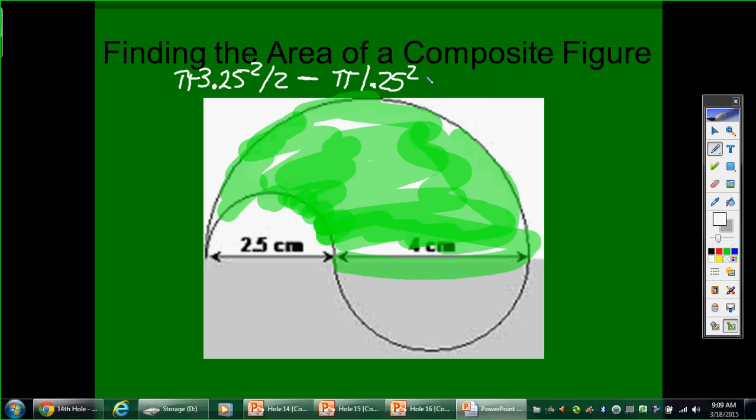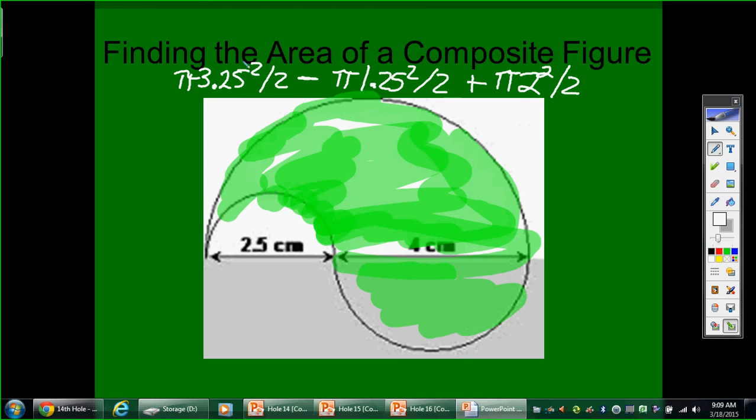That would be for an entire circle. I have a half circle I'm taking out, so I need to divide by 2. So I found all of this half, and then I subtracted out this piece, and then I need to add to it this down here, which would be pi, and my diameter here is 4, so my radius would be 2. Pi times radius squared, that would be for a full circle. It's only a half circle, so I need to divide by 2.